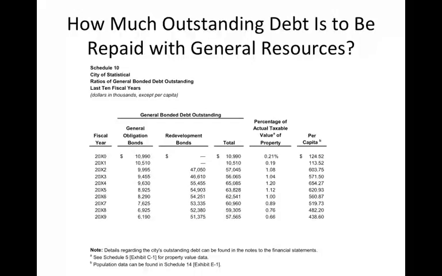There's an additional schedule in the statistical section that looks specifically at debt that is secured with the general resources of the government, like general obligation debt. And so this is basically going to be a subset in some cases of what's shown under the governmental activities in that more encompassing or more comprehensive schedule that we just looked at.